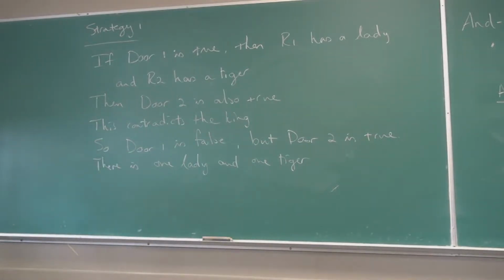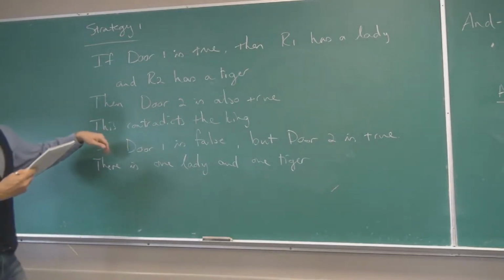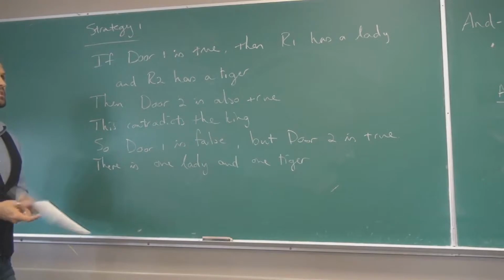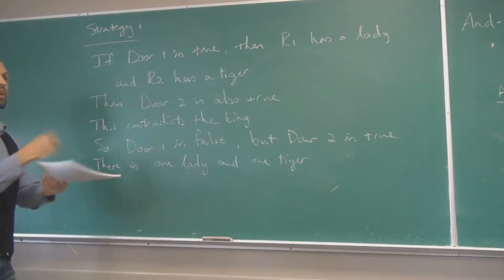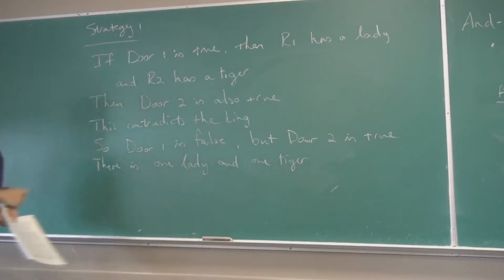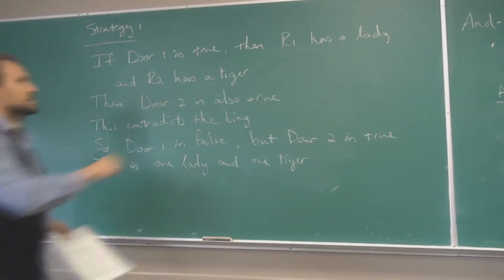Door 1 says, in this room there's a lady, room 1, and in the other room there's a tiger. That can't be what's happening. So the opposite has to happen. And with only one lady and one tiger, it just has to flip around. I'll squeeze it in here.